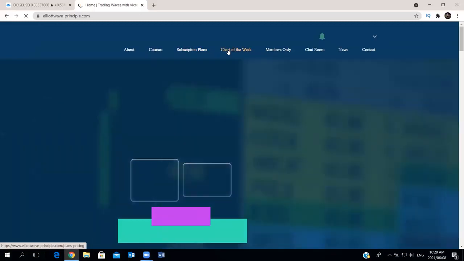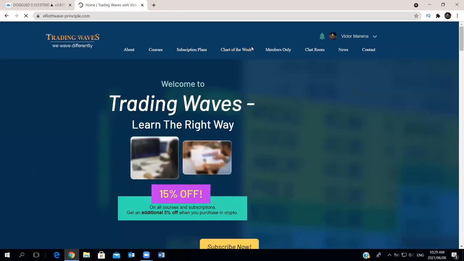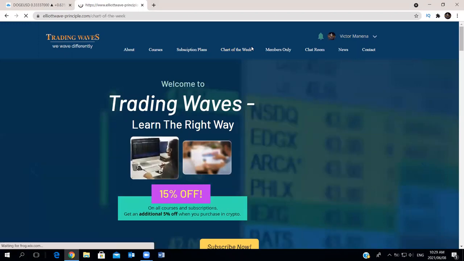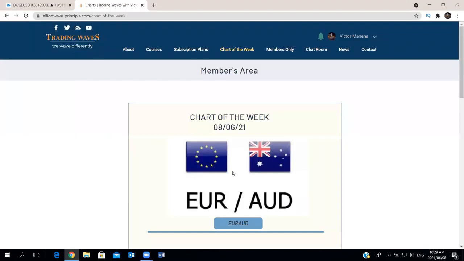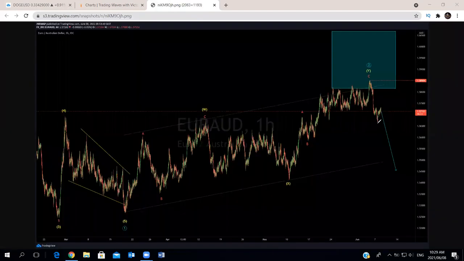So Euro Audi chart of the week on the website. So that is the update there on Euro Audi. We're looking for this to continue to the downside. Right, so that's the chart of the week on Euro Audi. We're looking for that to continue to the downside.